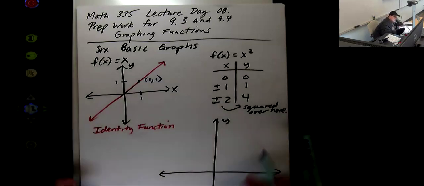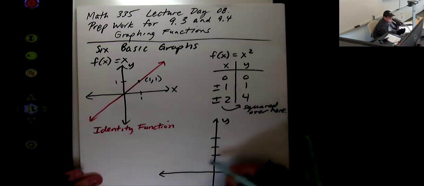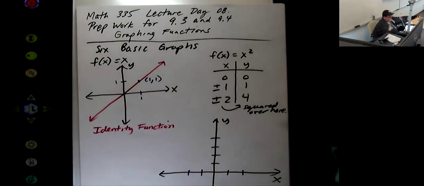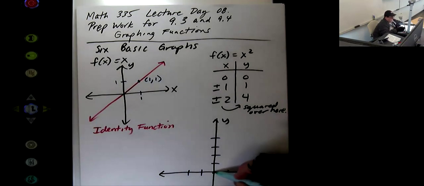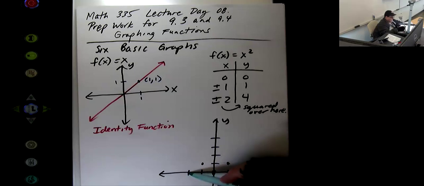Let's put some hash marks on here. And we have 0, 0 in the middle. If I go left 1 or right 1, I go up 1. And if I go left or right 2, I go up 4.